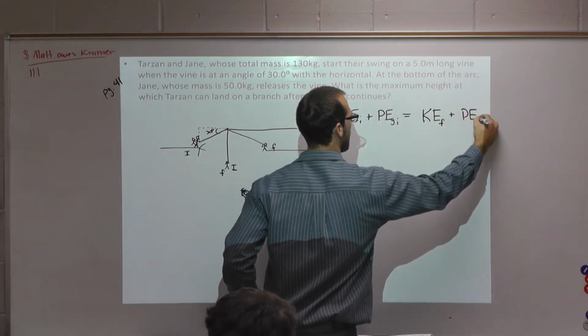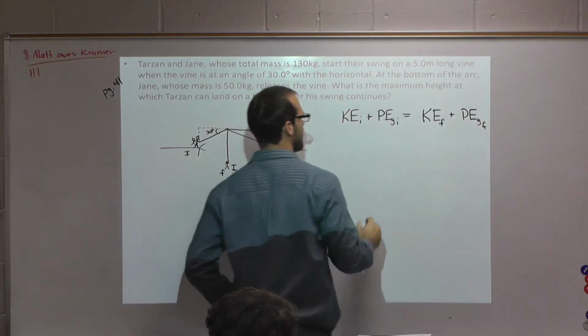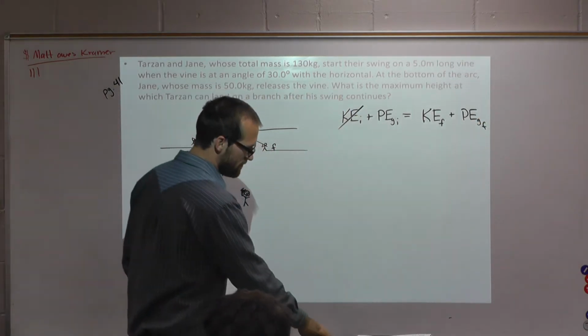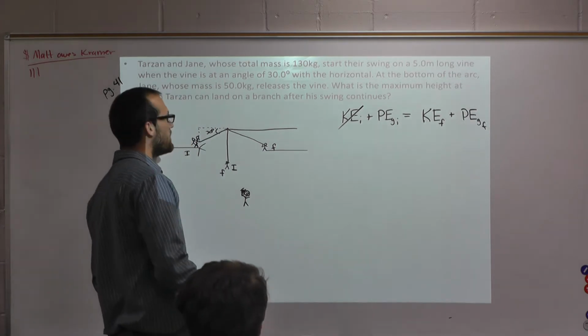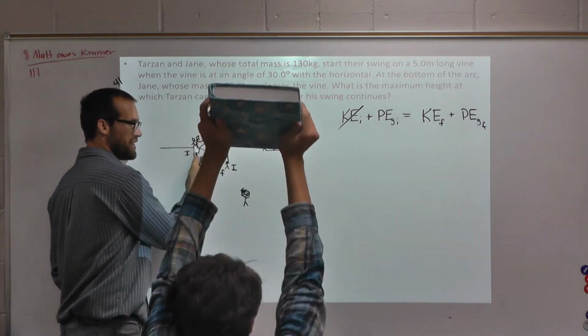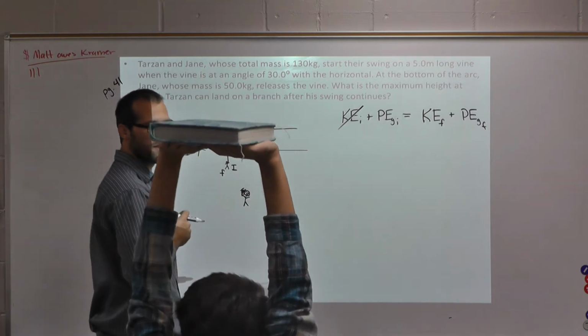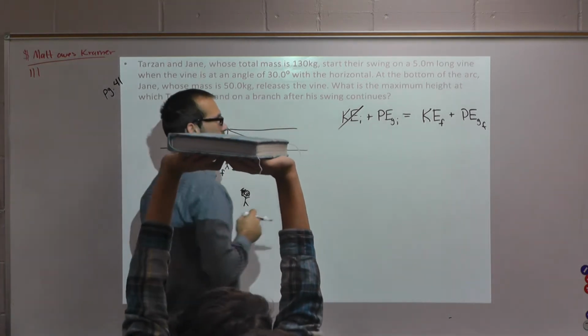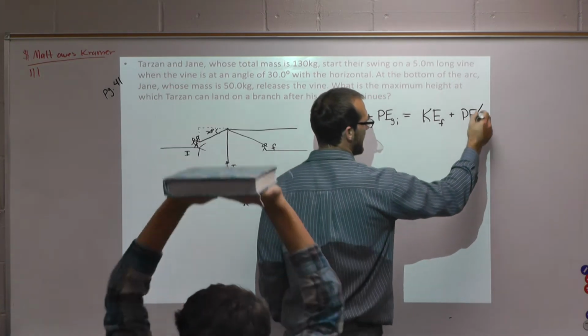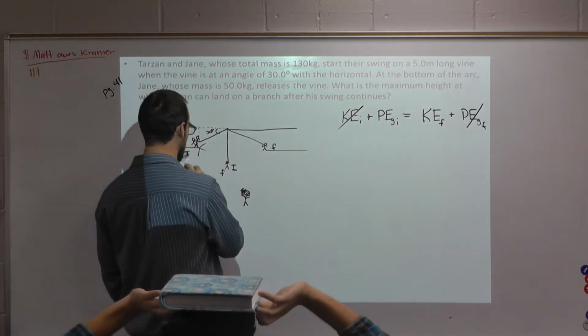There's going to be no kinetic energy initial because they just stand still, holding on for dear life. They're not jumped out yet. And they're not going to have any potential final because they're at the bottom of the arc. We're not going to have any potential energy at the end because we're going to set our zero level to the bottom.